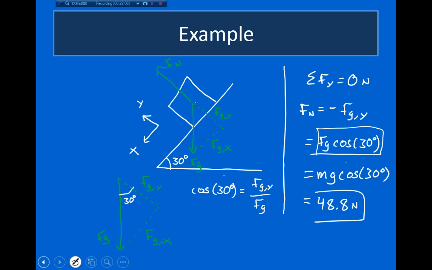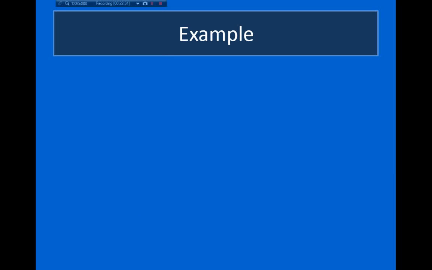The second part of the problem asks us to find the acceleration down the ramp. Well, looking at this, we can see the normal force is perpendicular to the ramp, so it's not going to help cause the box to accelerate down the ramp. So the only force in this x direction is the x component of the force due to gravity. Looking at this triangle over here, we can see the x component of the force due to gravity is opposite the angle 30 degrees. So the force in the x direction is just the x component of my gravitational force, and that's going to be the gravitational force times sine of theta.